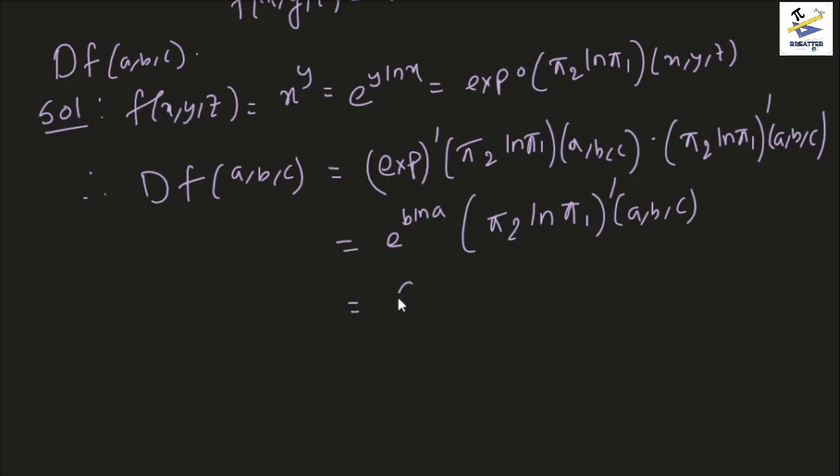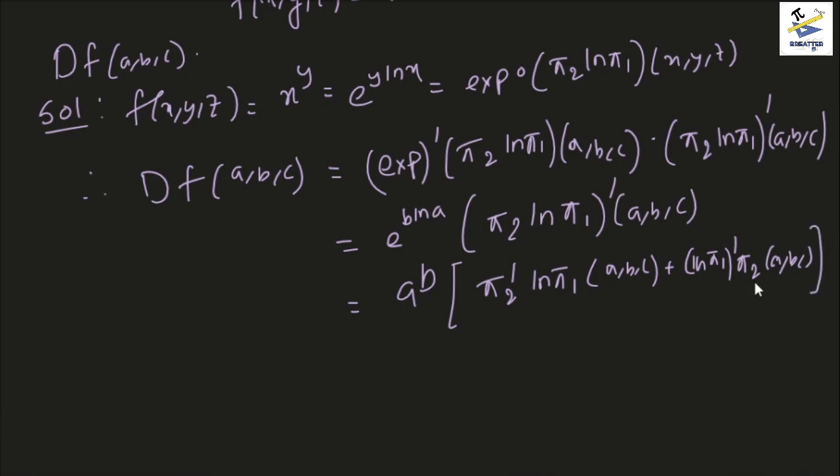This becomes a to the power b, and now this is a product of two functions, so obviously it would be pi 2 prime into ln of pi 1 of (a, b, c) plus ln of pi 1 prime into pi 2 into (a, b, c).